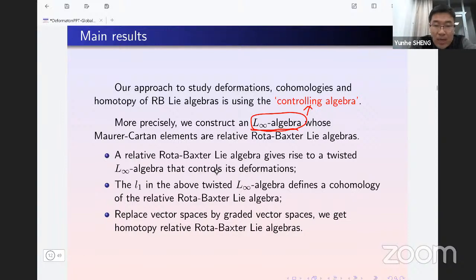As soon as we have this controlling algebra, a relative Rota-Baxter Lie algebra gives rise to a twisted L-infinity algebra that controls its deformation. Then the L1 in this twisted L-infinity algebra defines a cohomology of the relative Rota-Baxter Lie algebra. Finally, if we replace vector spaces by graded vector spaces, we can get homotopy relative Rota-Baxter Lie algebras. These are what I want to do.